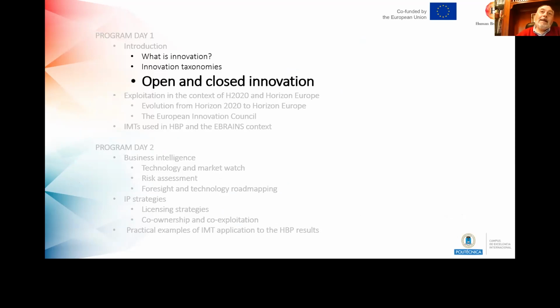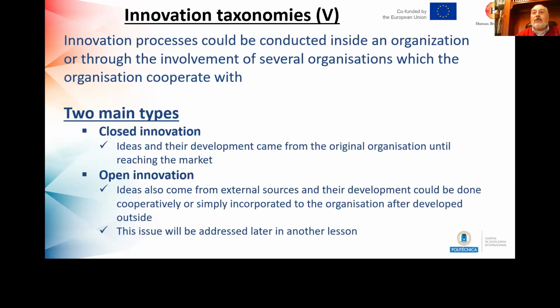And the last one, which is also relevant, is how the innovation was created. We could say closed innovation is when everything is internal to my unit, to my company, and it's all my responsibility. I was the only entity in charge of producing the innovation.